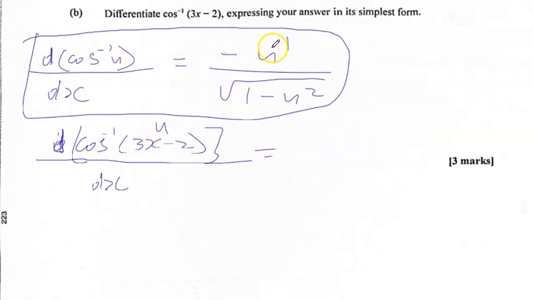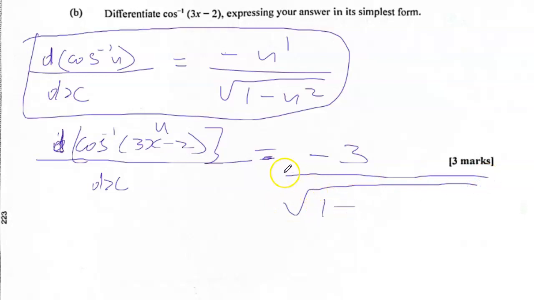So u prime is just u differentiated. u is 3x minus 2, differentiate that and u prime is positive 3. So it's minus 3 all over the square root of 1 minus u squared, and of course u is 3x minus 2. So 1 minus (3x minus 2) all squared.